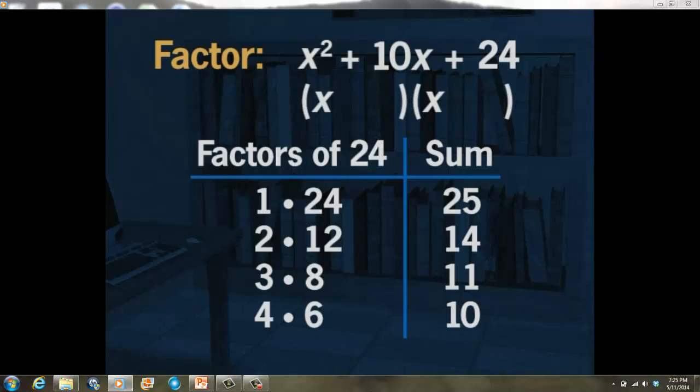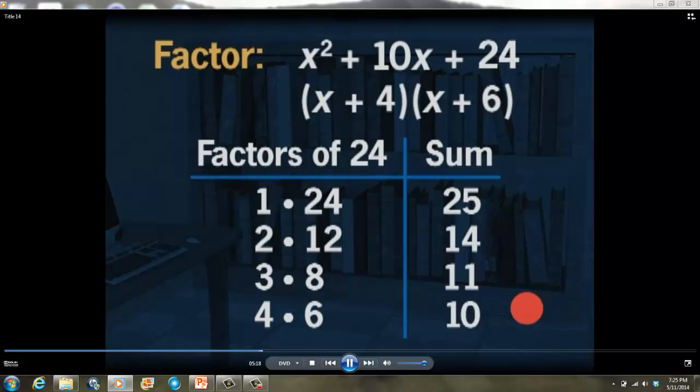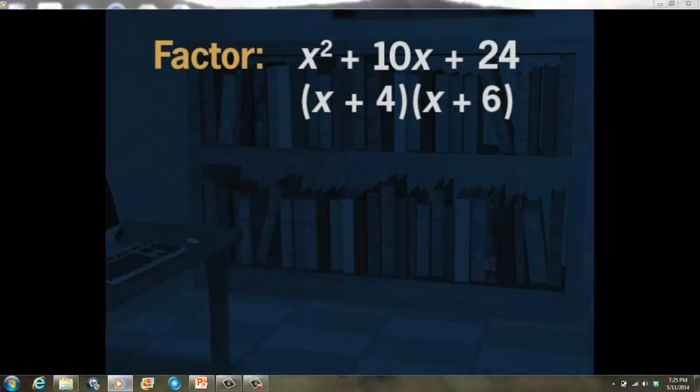Bingo! So positive 4 and positive 6 are used to complete the binomial factors. X squared plus 10x plus 24 factors into the quantity x plus 4 times the quantity x plus 6.